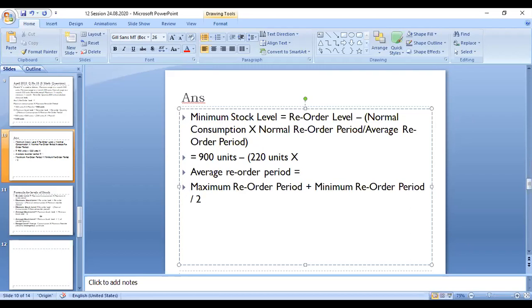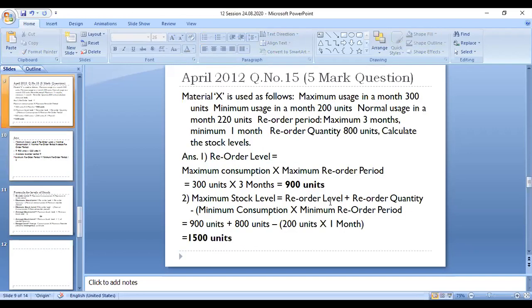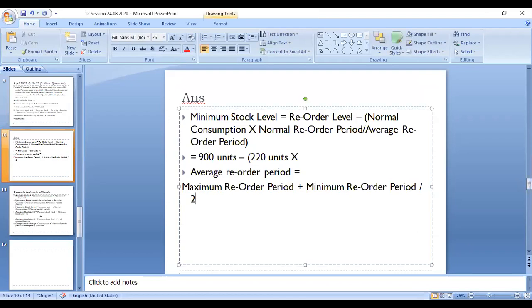In the question, if the normal reorder period is not given, you have to calculate the average reorder period. Maximum reorder period is 3, minimum is 1, so average is 3 plus 1 divided by 2. 3 plus 1 is 4, 4 divided by 2 is 2. So 2 months is the average reorder period.